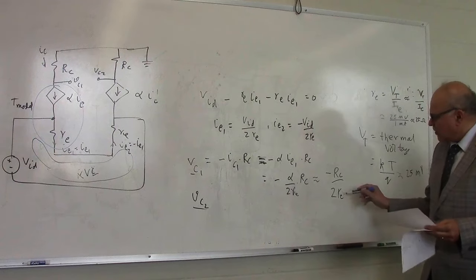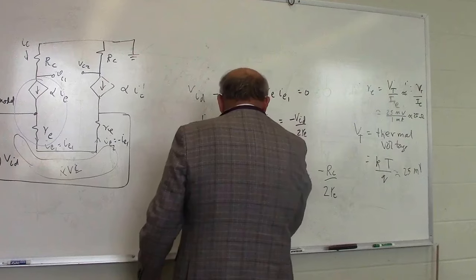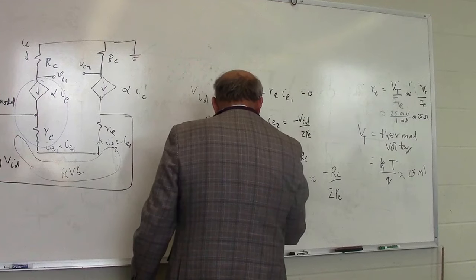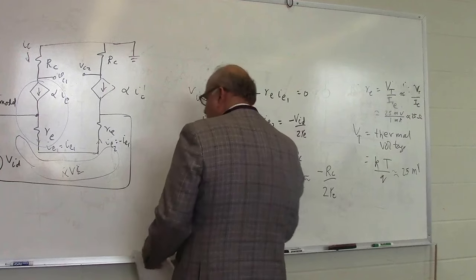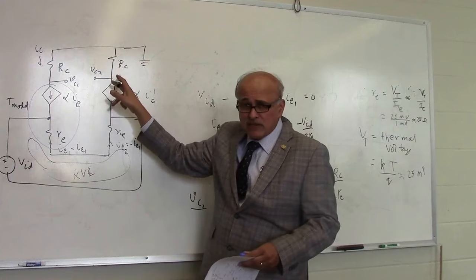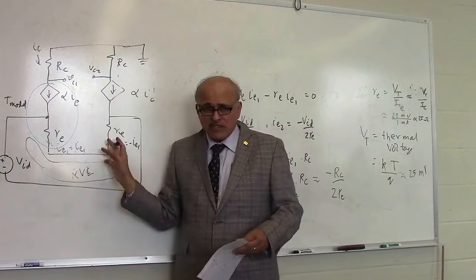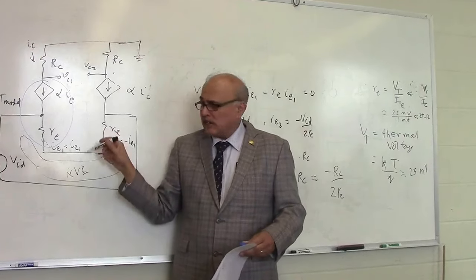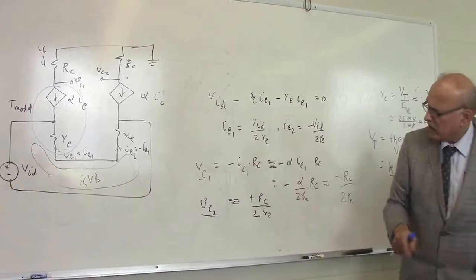Okay. 2RE, and VC2 will be exactly the same, except it will be plus RC over 2RE. Because the current IC here is equal to minus the current IC here, because both emitters have the same current but opposite in direction, so the ICs will also be opposite in direction. You'll simply get a minus sign there.